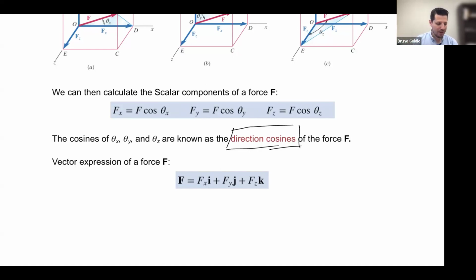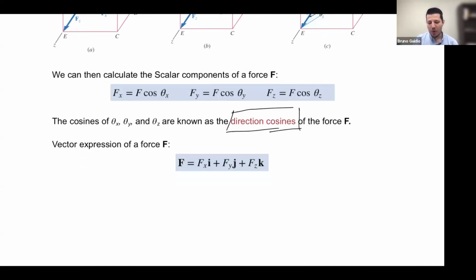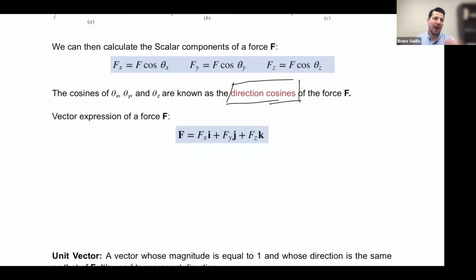And the same way that we wrote a vector with i hat, meaning x component, and j hat, y component, now in 3 dimensions we write i hat, j hat, k hat for the x, y, and z components. As you can see here, F is Fx i, Fy j, Fz k.